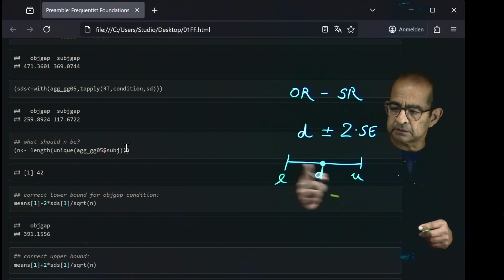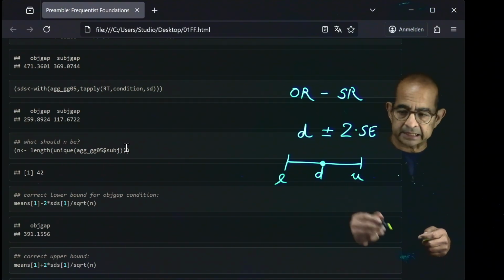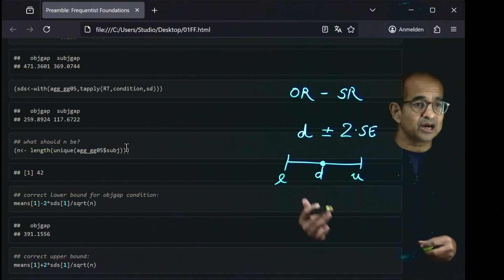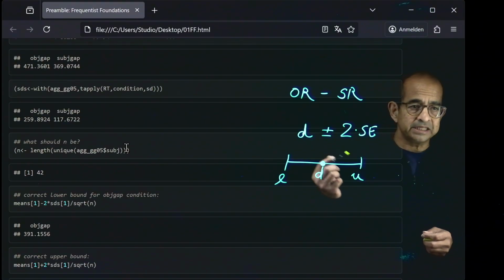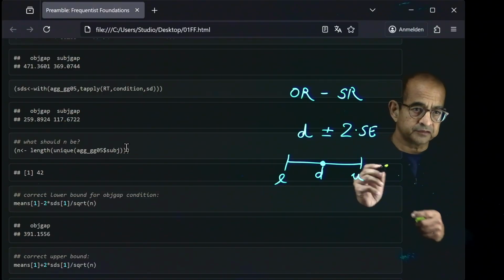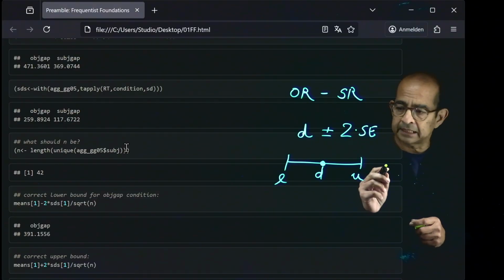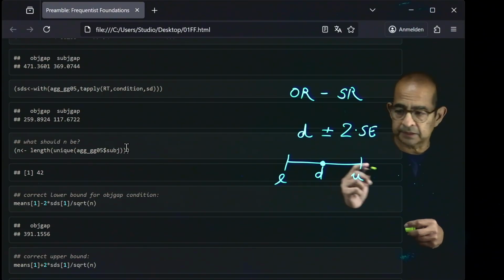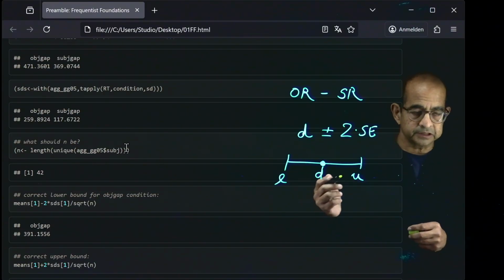So the reason it's important to compute these intervals correctly is that these intervals are often used to carry out a significance test. What that means is that if 0 lies outside this interval, if 0 is here, for example, then I would claim that I have a significant result, right? I have a significant difference between the two conditions.